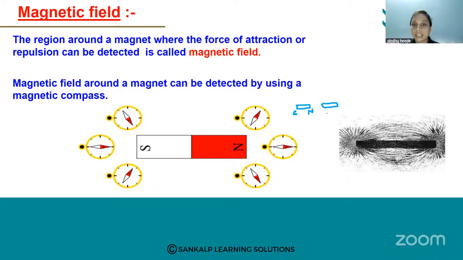Again, each magnet has two poles, south and north poles, right? We know that when one magnet comes close to another, it gets attracted, right? When their unlike poles come close, they attract each other, right? Yes. Depending upon this attraction or repulsion property, we can say what the magnetic field is.